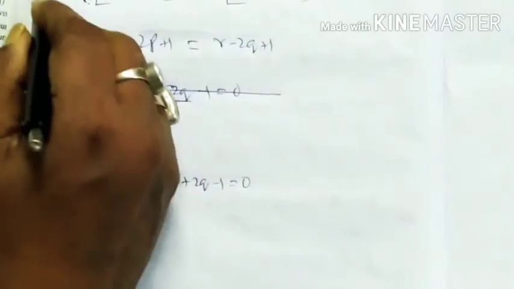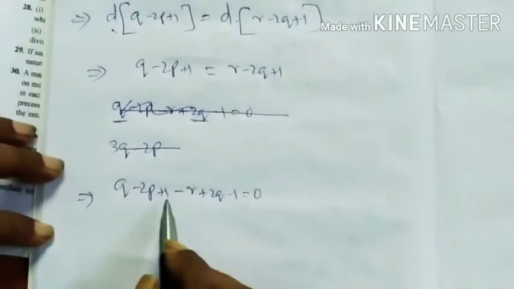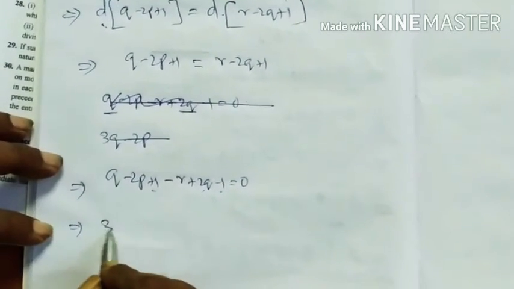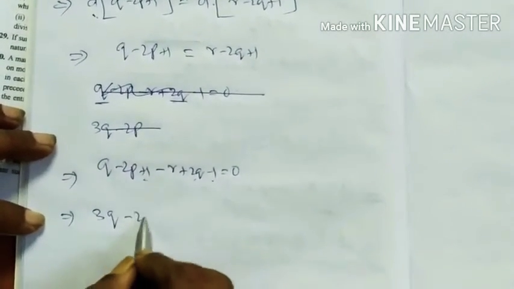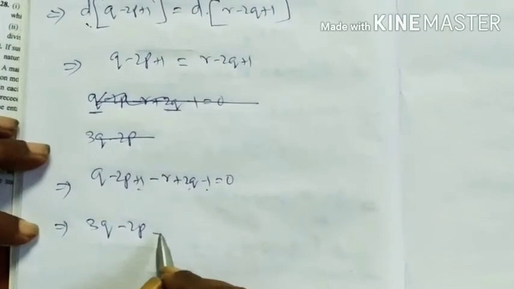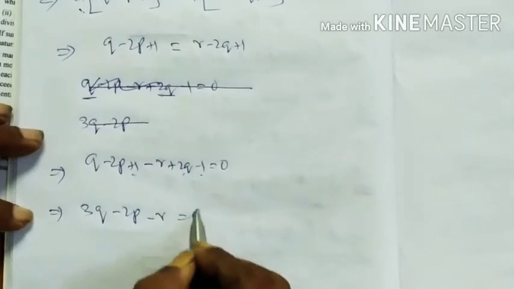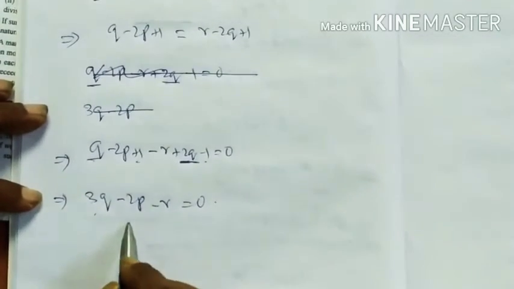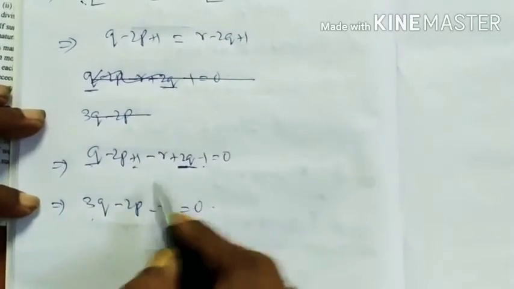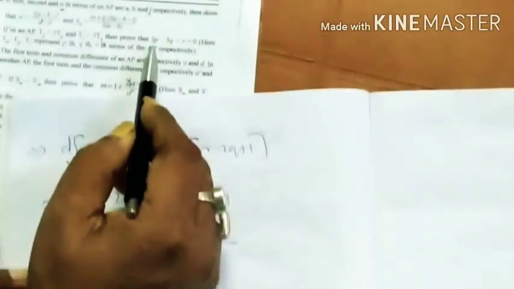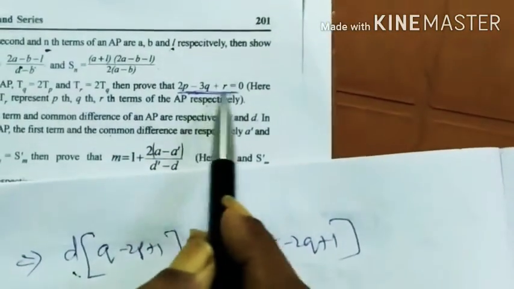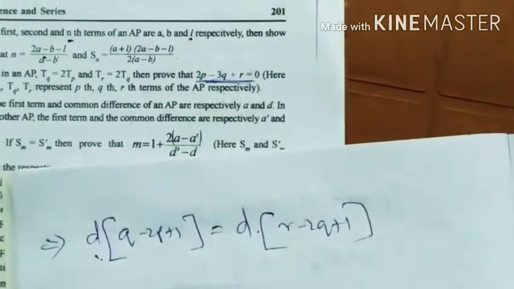Now the plus 1 and minus 1 cancel out. 2q plus q, that is 3q, minus 2p minus r, is equal to 0. But we have to prove 2p minus 3q plus r equal to 0.